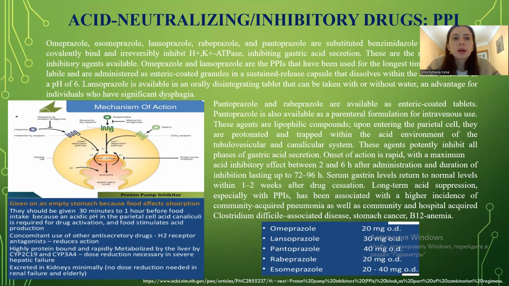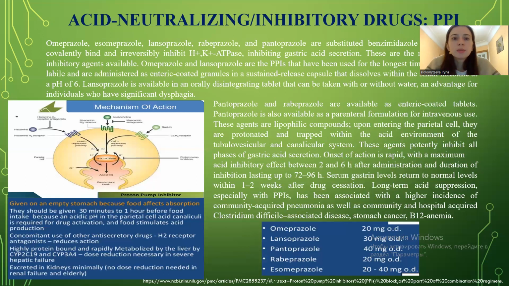Both are acid-labile and administered as enteric-coated granules in a sustained-release capsule that dissolves within the small intestine at a pH of 6.